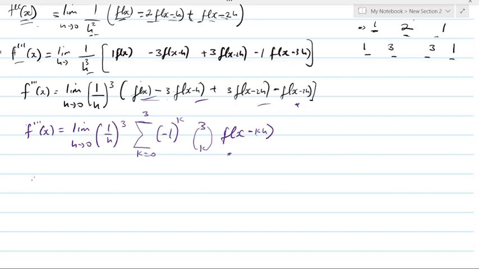So for the nth derivative, we only have to substitute 3 for n.